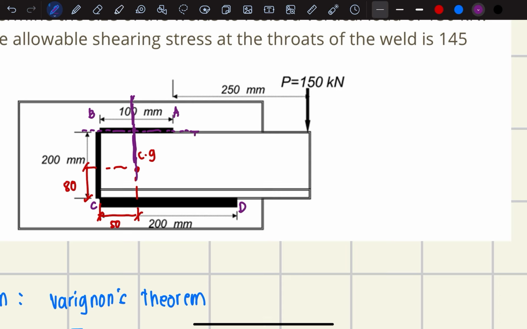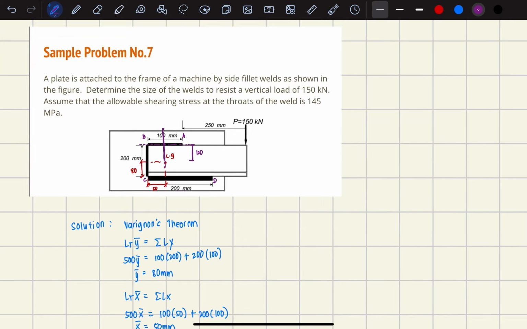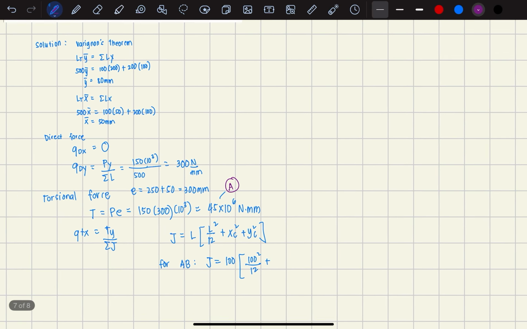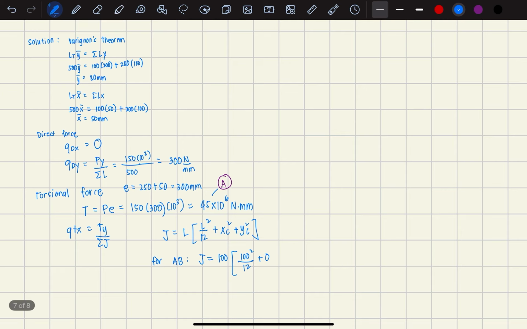Pero, itong y sub c, meron siyang value papunta dun sa centroid. So, minus mo lang yung 80 dun sa 200, so magiging 120. So, dapat ito is 0 yung x sub c plus 120 squared.